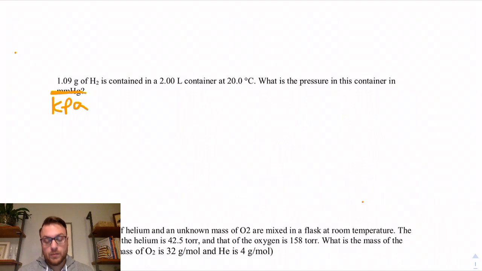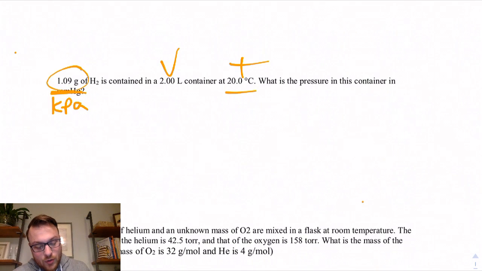You have grams, you have liters, that's volume, you have temperature. Grams you can convert to moles, which is n. R is a known constant that you need to memorize that's been given to you on that front sheet, so start memorizing that. And you're solving for pressure. The first thing you've got to do is change 1.09 grams of H2 to moles.